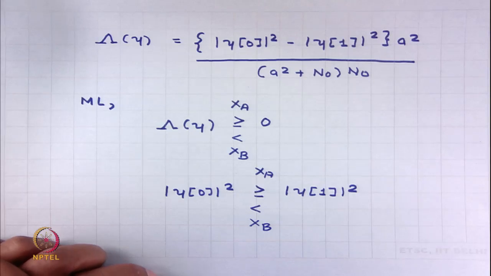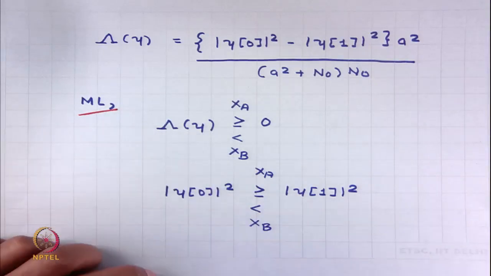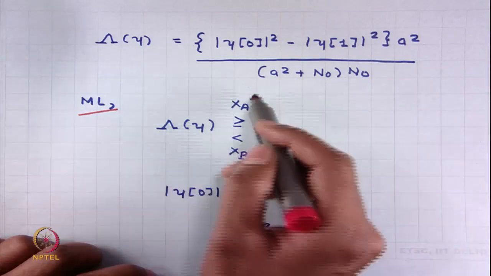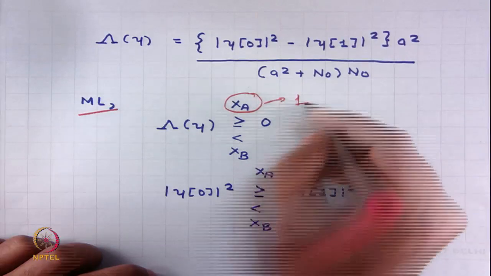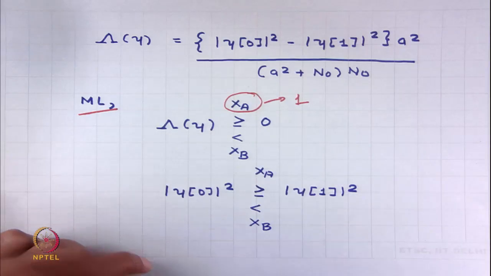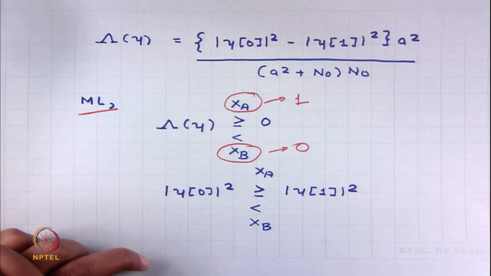The interesting thing here is, if I am assuming the ML rule, then if the log likelihood ratio is greater than or equal to 0, I can decide that x a is transmitted, which in this case would correspond to hypothesis 1 being transmitted, and if this log likelihood ratio is less than 0, then I would assume that x b is transmitted, which in this case would correspond to hypothesis 0 being transmitted. Remember, in maximum likelihood detection, ln eta is simply 0, or the threshold is 0.